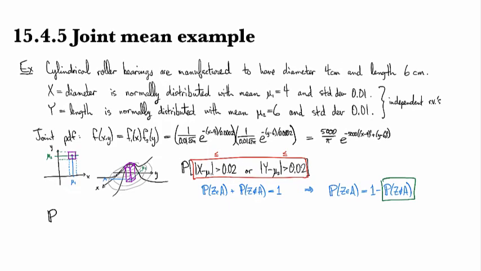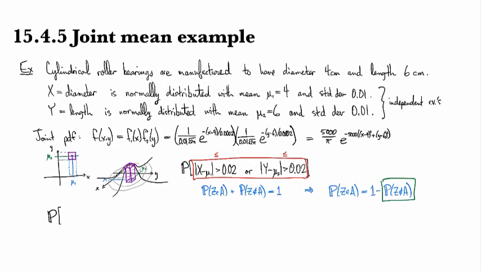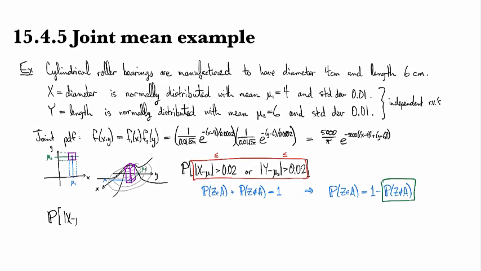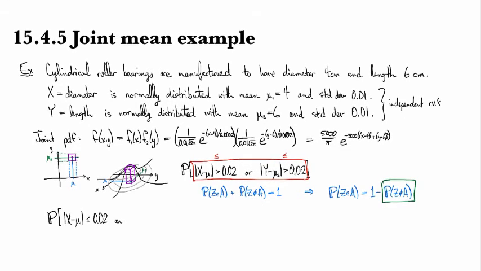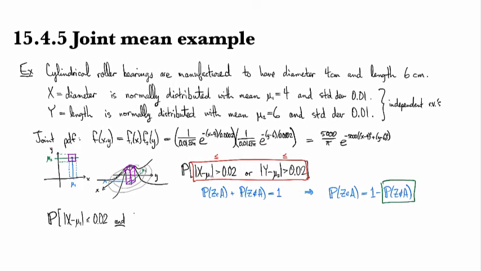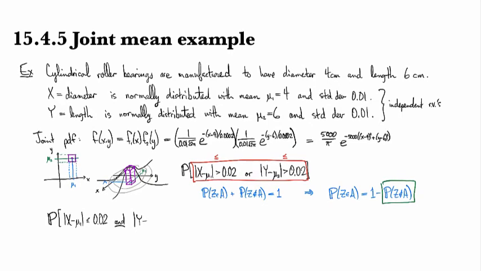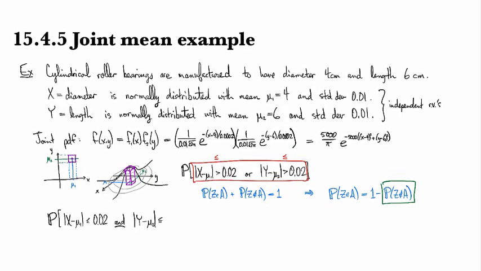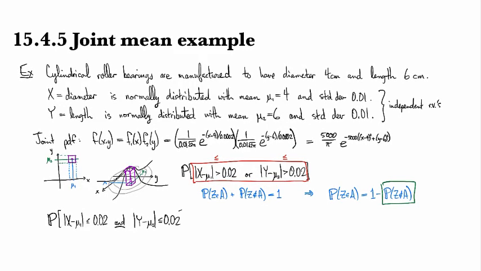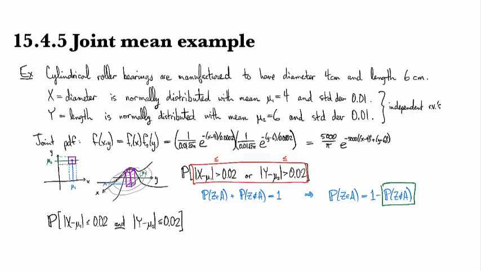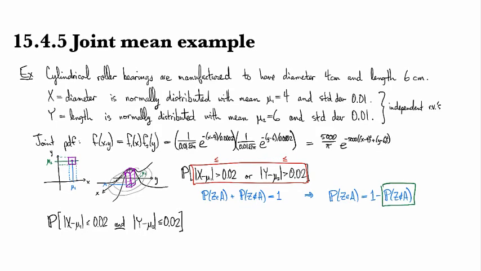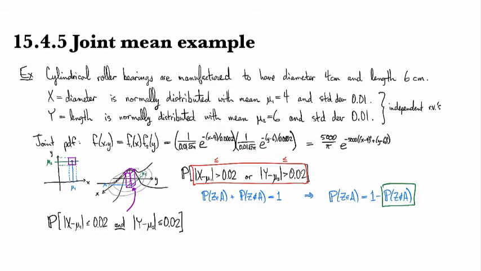So the probability becomes |x minus mu1| less than or equal to 0.02, and because we're negating it, the probability that y is within 0.02 of its mean. And so that's putting us in the purple box right here. So that's the integral that we have to compute.